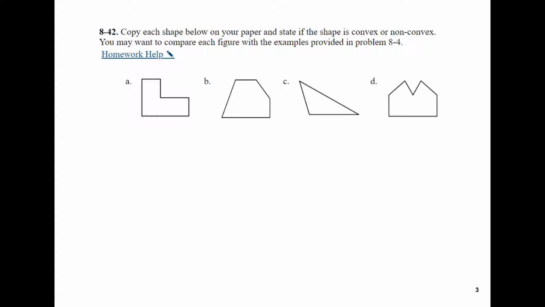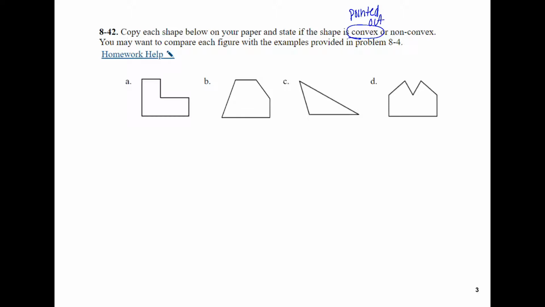8-42 gives us a bunch of shapes and asks us if the shapes are convex or non-convex. So remember, convex means all of our lines are pointed out, and non-convex means that some things could be in.